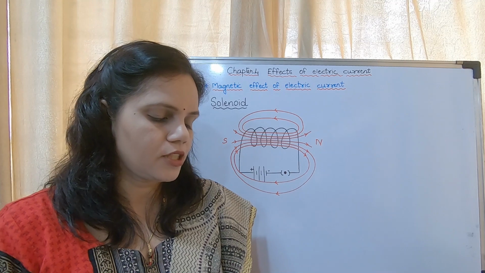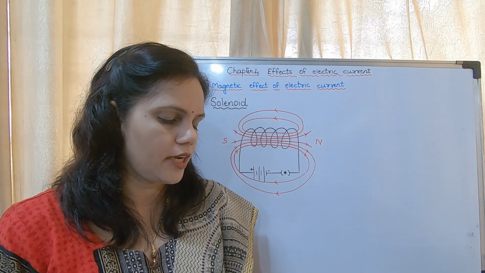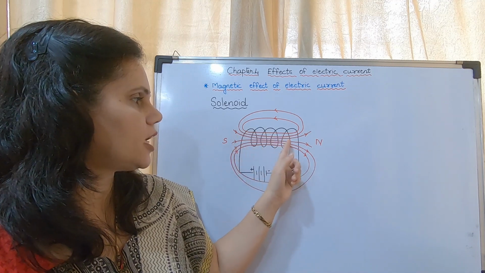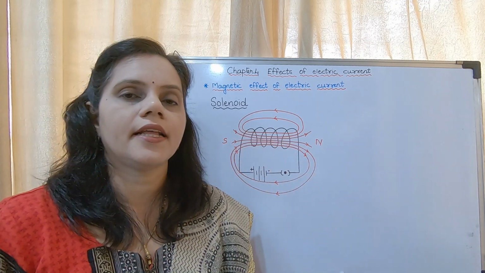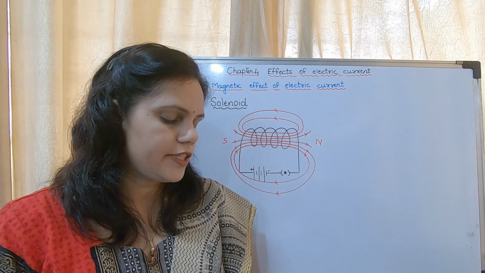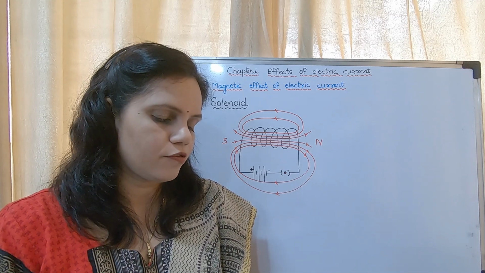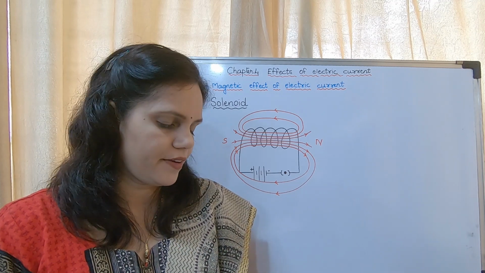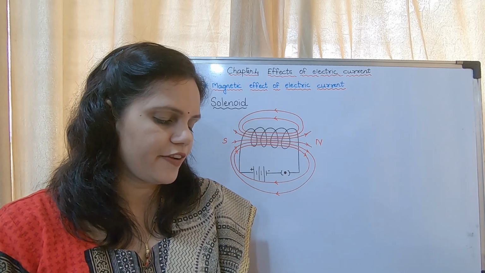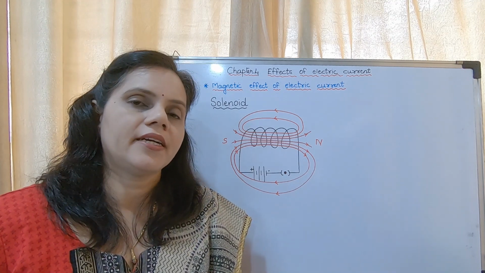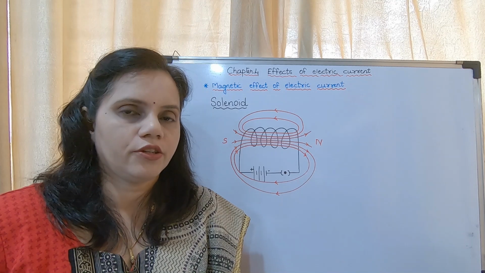The magnetic lines of force inside the solenoid are parallel to each other. What does this mean? This means that the intensity of magnetic field within the solenoid is uniform everywhere. You may mark that much: the magnetic field in the solenoid is uniform.